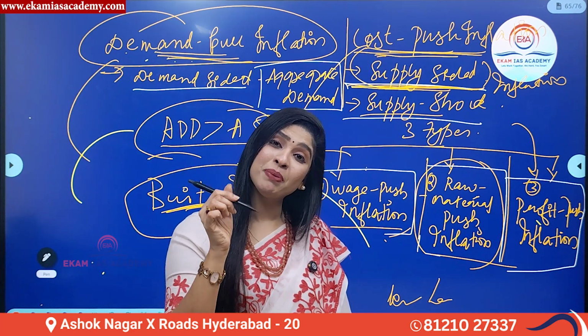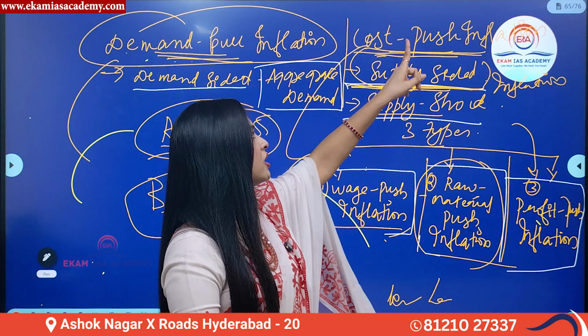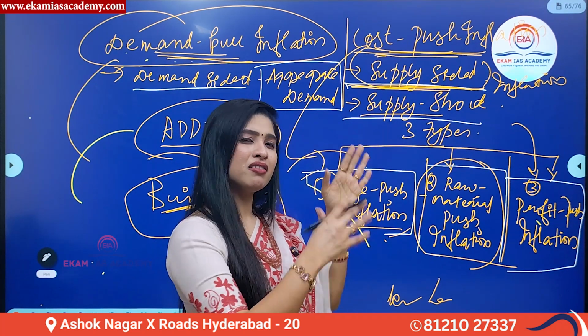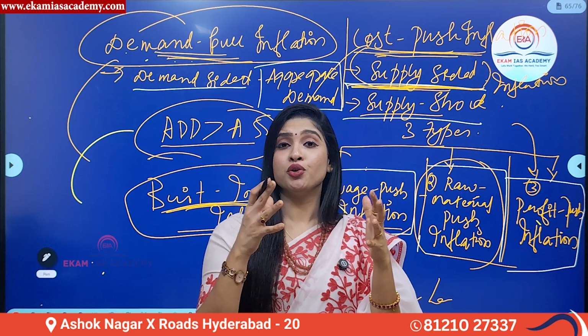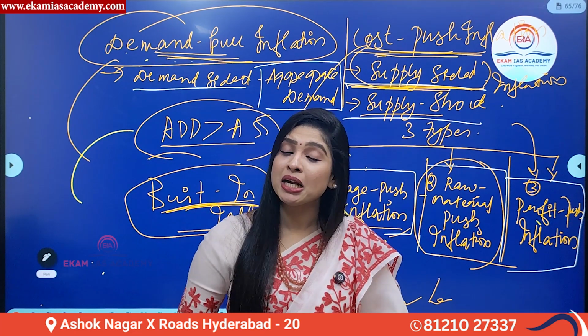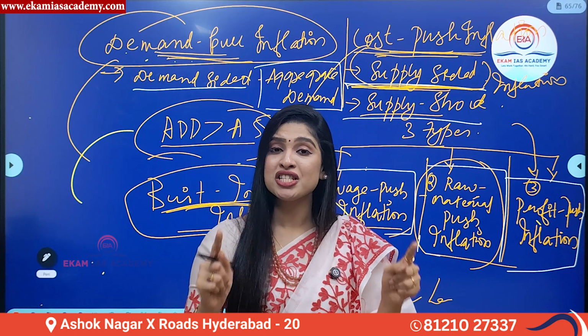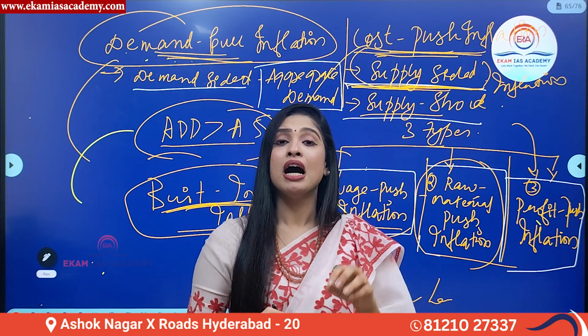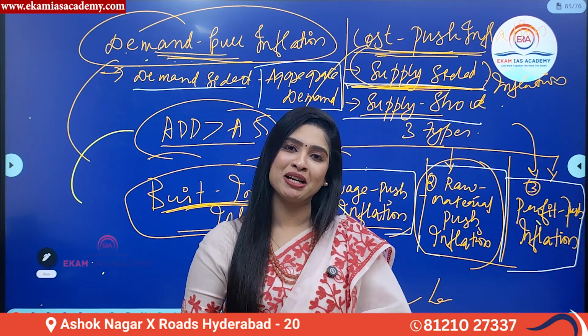This is also one particular type of inflation. It actually comes under cost push inflation, but we show it as a separate category. So this is what you should know with regard to demand pull and cost push inflation, the concept, the applications, and the subdivisions as a whole. I hope it is crystal clear for all of you in the most simplified manner.